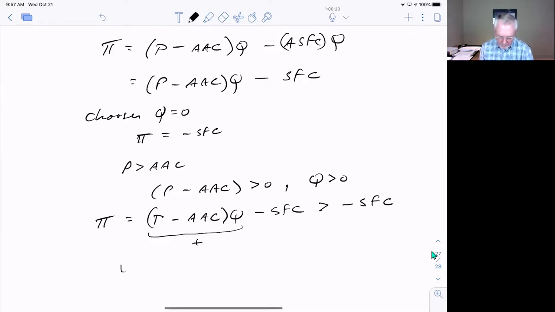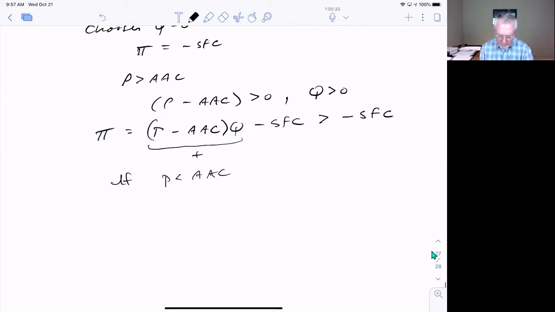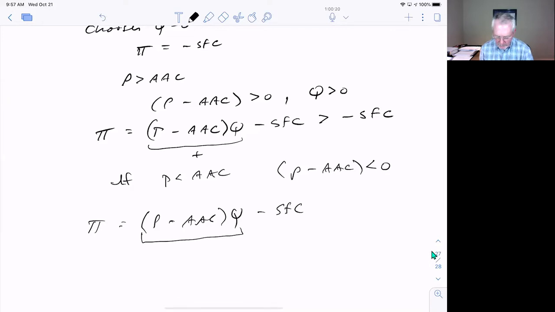Note that, if I didn't make this point last time, if price were less than average avoidable cost, then this term, price minus average avoidable costs, would be negative. So in that particular case, I would have profits of price minus average avoidable cost times Q minus sunk fixed cost, but now this term is negative if Q is positive, so that profits by operating when price falls below average avoidable cost would actually be less than the sunk fixed costs.